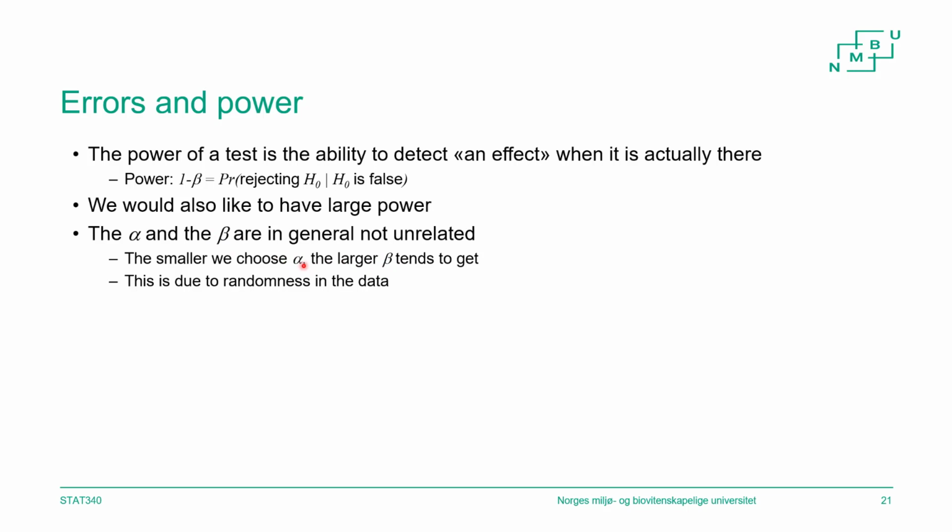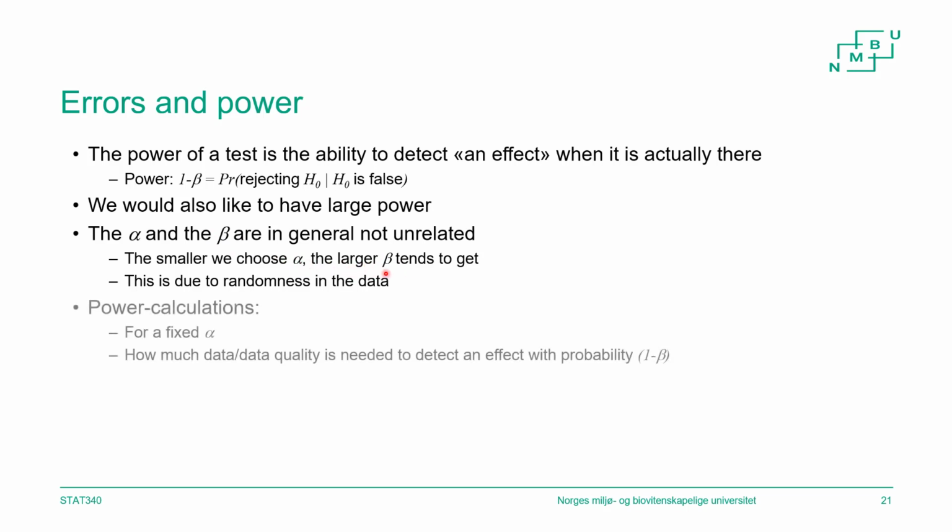It's not like a formula for how they are related, but we can do what we call power calculations. We can fix an alpha, and then under some assumptions, we can see how much data or how much data quality is needed to detect an effect with a certain probability, 1 minus beta.